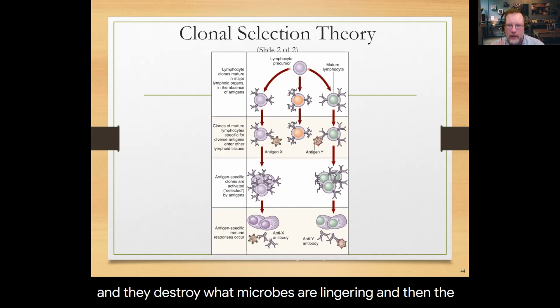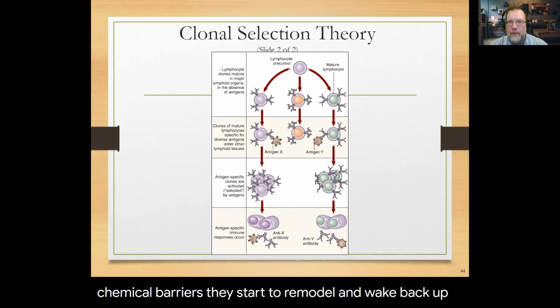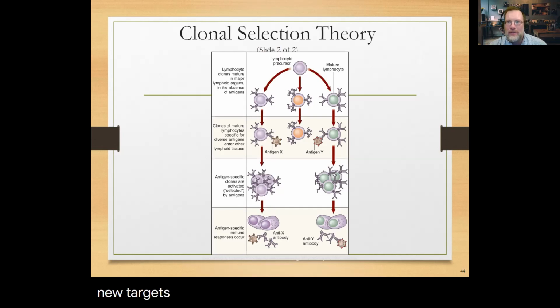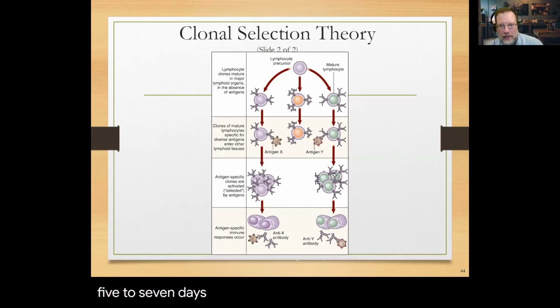And then the epithelium, or that first line of defense, the mechanical and chemical barriers, they start to remodel and wake back up. Okay. So new target cells are being made. But by then, typically after 5 to 7 days, they're starting to rebuild. By then, the virus or the bacteria has been eliminated typically.